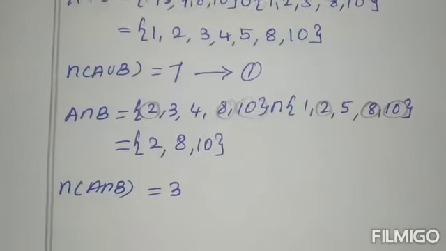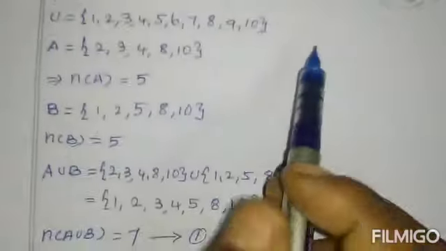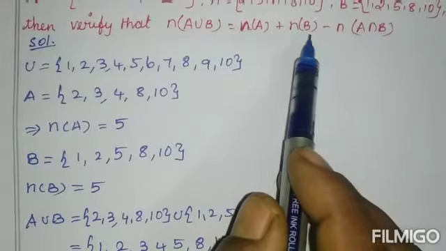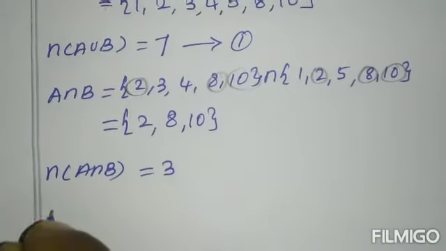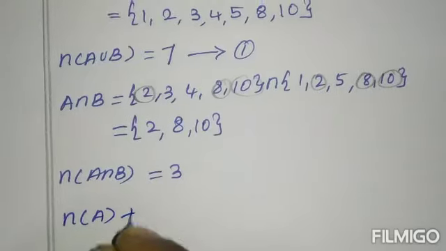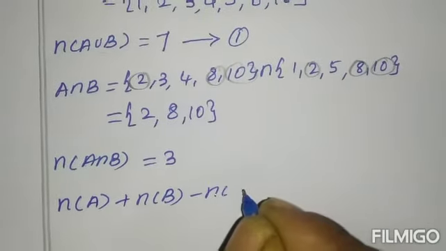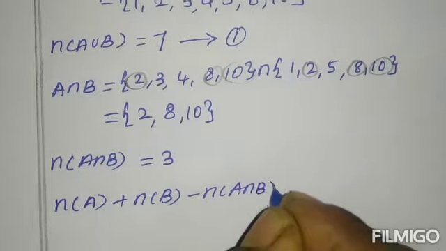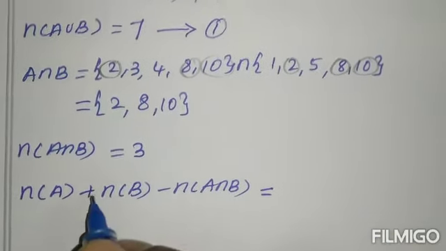So now we can find the RHS, that is n of A plus n of B minus n of A intersection B. So n of A plus n of B minus n of A intersection B is equal to, what is n of A?